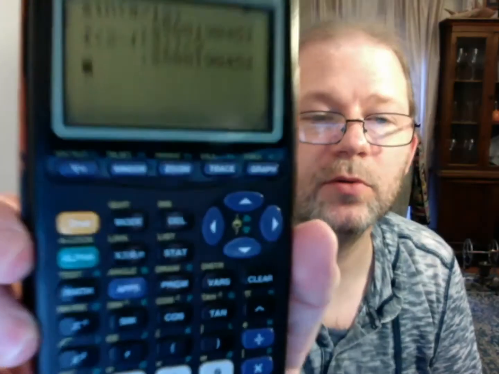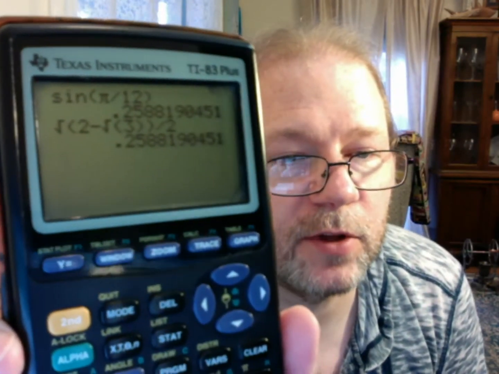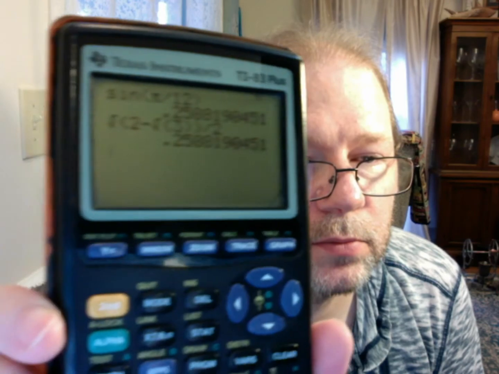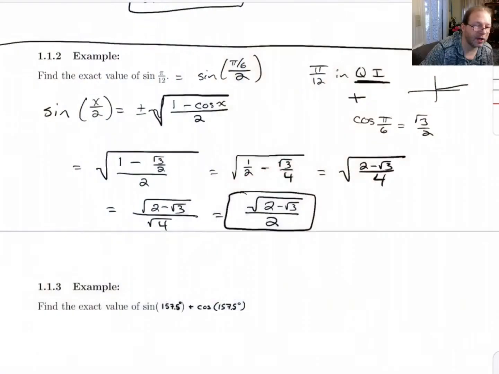And if I put in this square root of 2 minus square root of 3, close my parentheses both, and then divide by 2, sure enough, I get the same thing for both of these. So that is my exact answer.